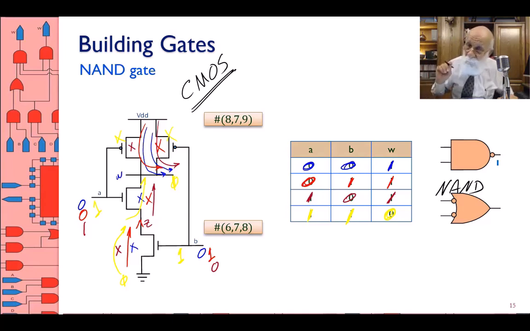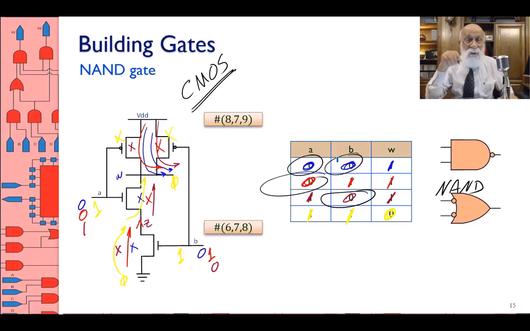Let me read it a different way. If A is 0 or B is 0, and I'm not excluding 0, 0, or, of course, both of them are 0, the output is 1.